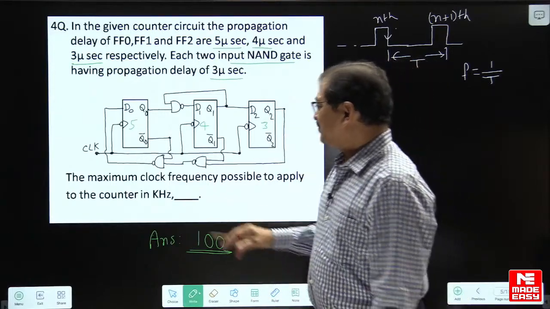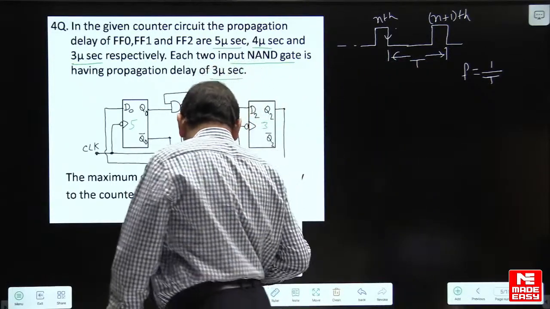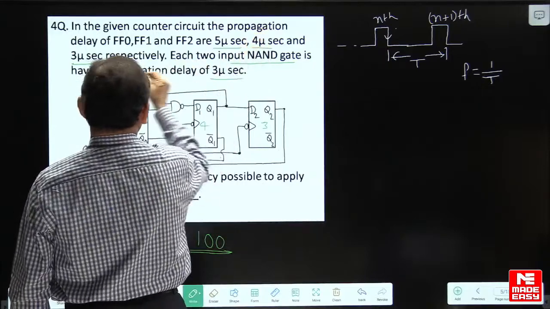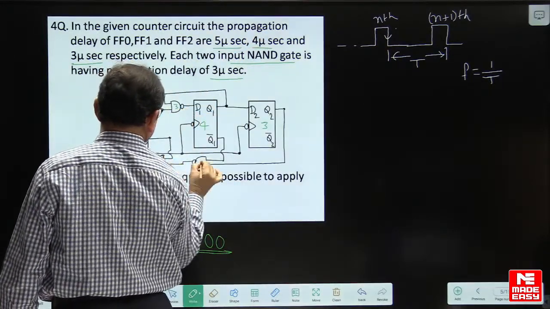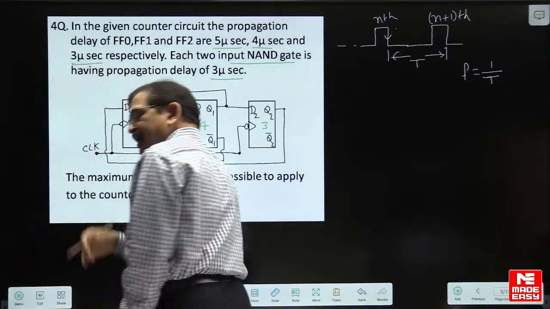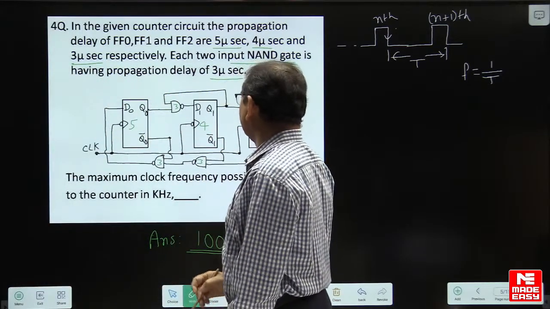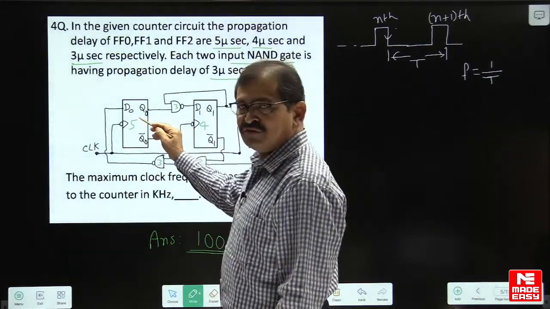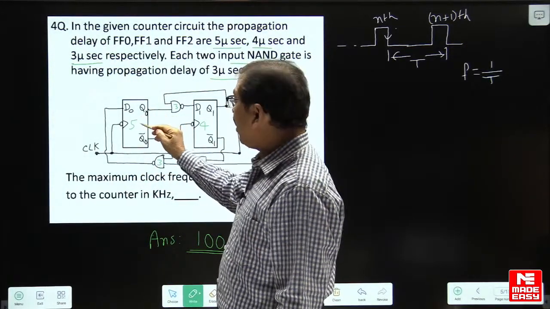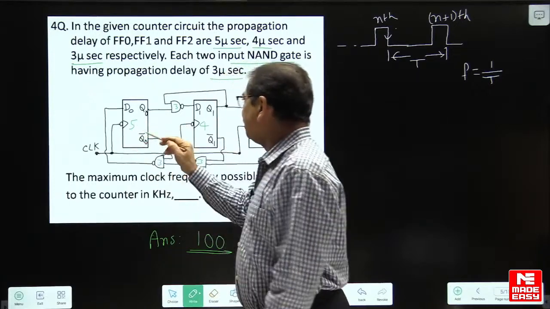If you look here, the NAND gates have a propagation delay of 3 microseconds. As and when the clock is applied, flip-flop 0 changes its value after 5 microseconds.